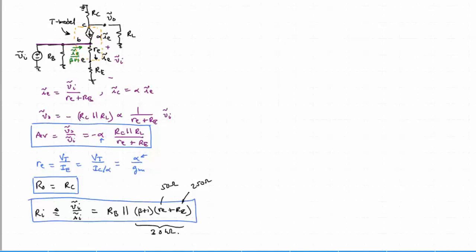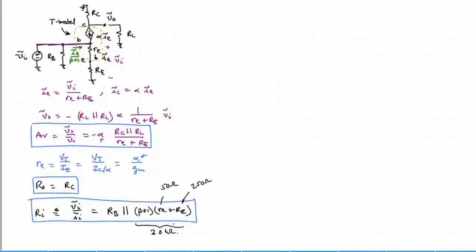Okay, so just to give an order of magnitude of the input resistance. We won't see the same high input resistance that we saw from a MOSFET amplifier. That's just not going to happen because we don't have an insulated gate like we did with the MOSFET.